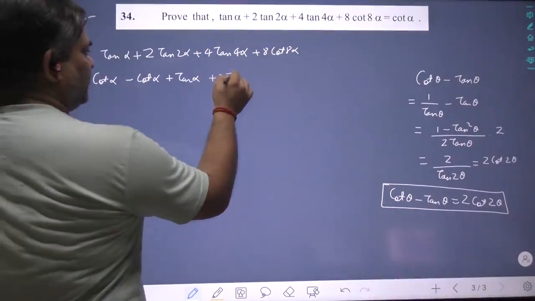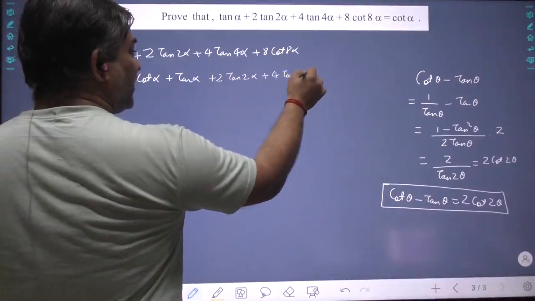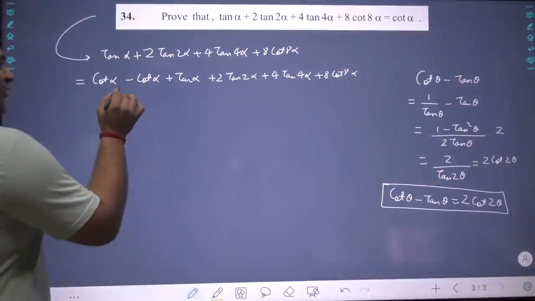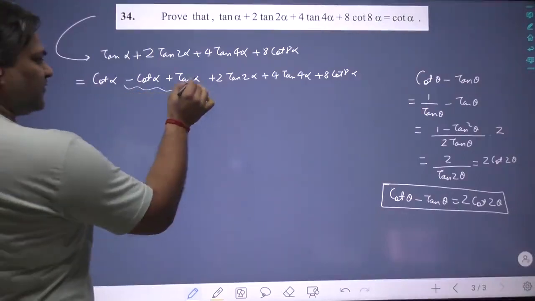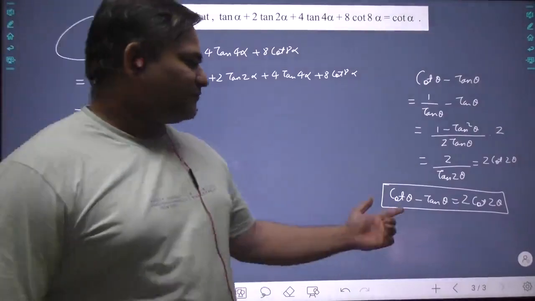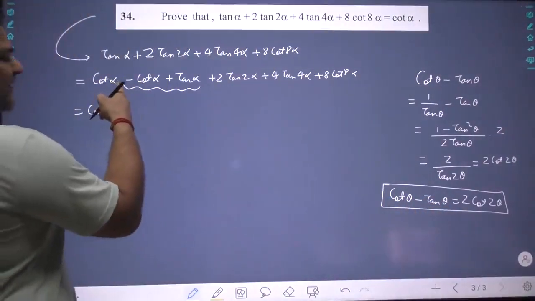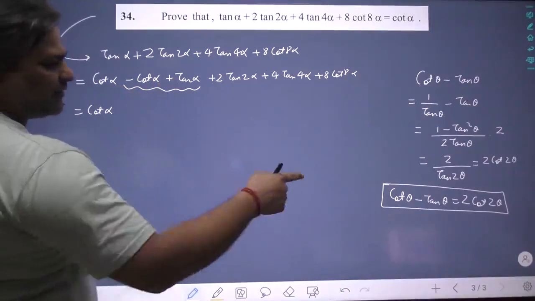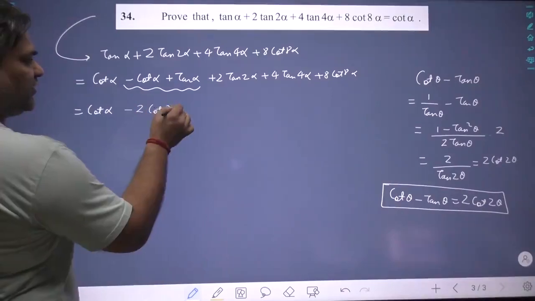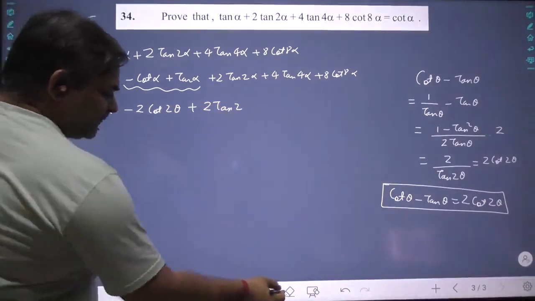Now see the play, now see the game. 8 cot 8 alpha. Now see these two terms. These two terms are just like this. So if you take minus sign common, cot theta minus tan theta, this will be minus 2 cot 2 theta.